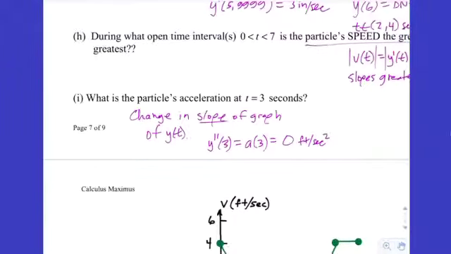And it didn't say to justify. Usually a question like that, they're not going to ask you to justify. But we would know exactly what to say because the slope of the graph does not change at t equals 3. It's part of a line segment. Okay? So there you go.